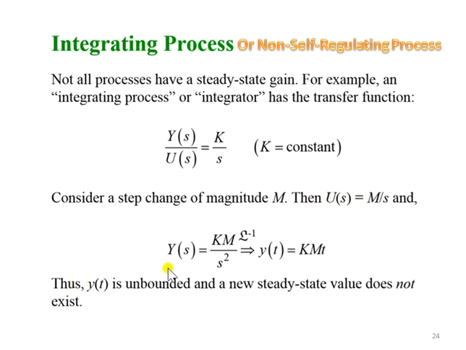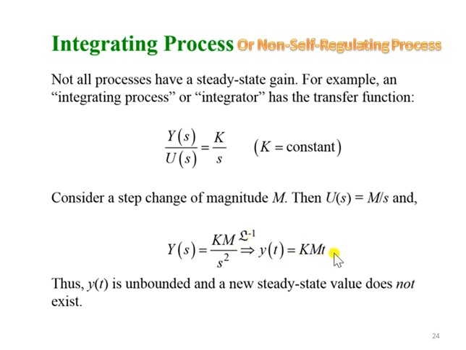Therefore, if we include U(s) into this equation, what we have is the output equation Y(s), which is equivalent to KM over s squared. By inverse Laplace transform, we can get y(t) equivalent to KMt.